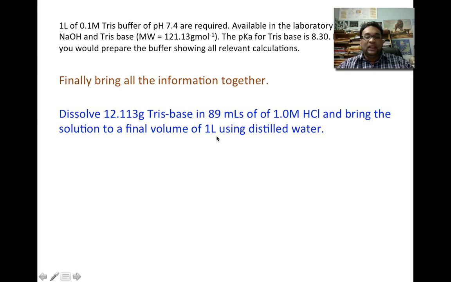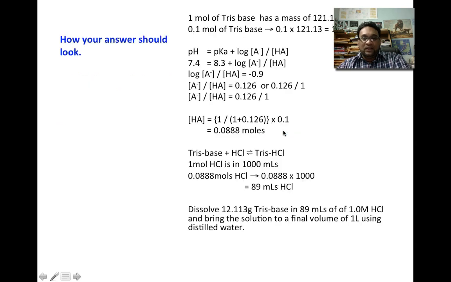That is incorrect, because this mass of tris base is going to add to this volume. So the volume is no longer 89 mils. It's going to be more than 89 mils. So you make up the final volume to 1 liter. Alright? And you use distilled water.